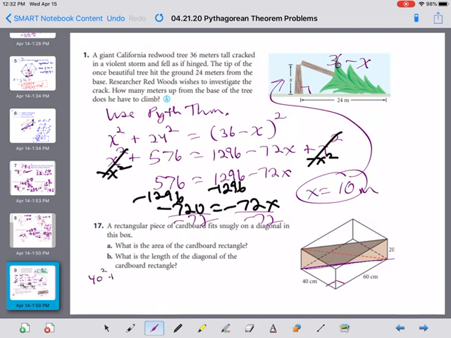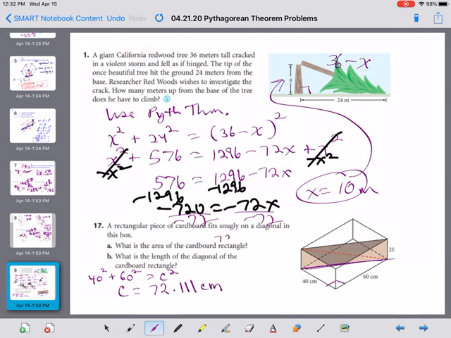So 40 squared plus 60 squared equals c squared. And I'm going to give you decimal approximation for this one.